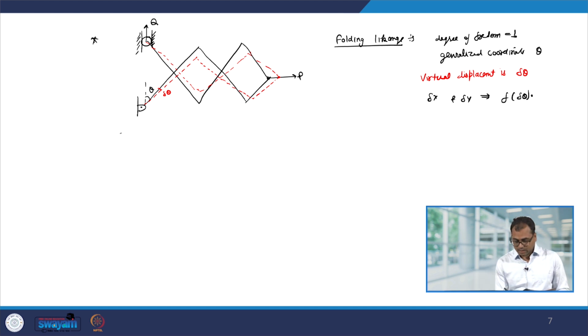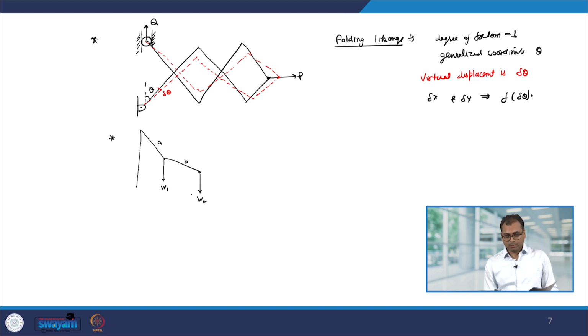Now, let us look at another example. This is, let us say, a double pendulum. You have this length as A and you have weight W1, then you have this length as B and weight W2, and to keep this in equilibrium you apply a force P. Let us say this angle is theta, this angle is phi.